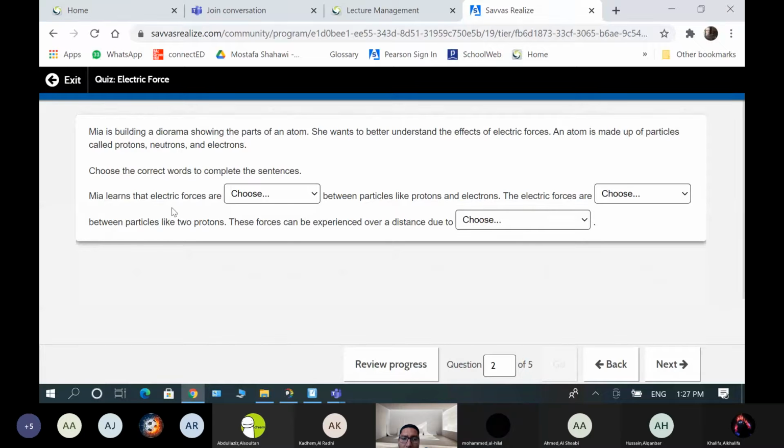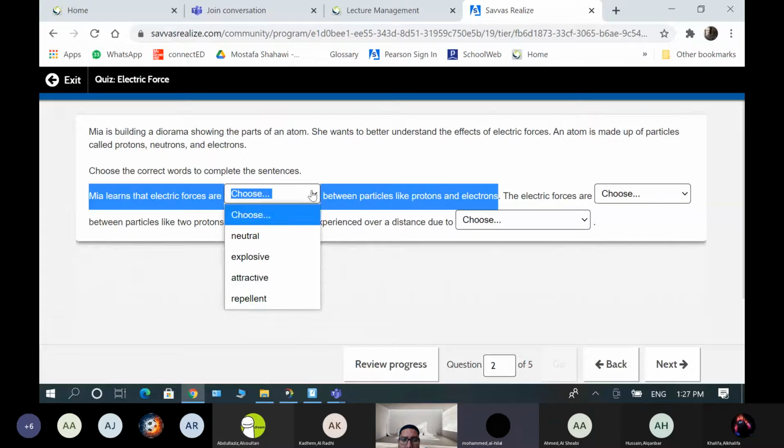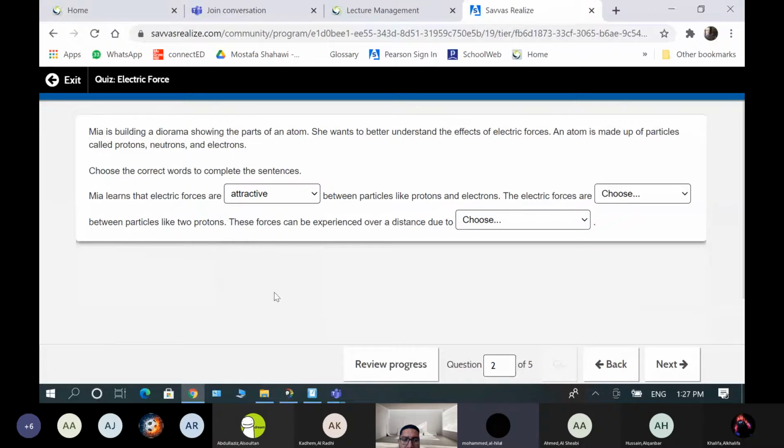Read the first one. You will solve only the first one. The electric force is between particles like protons and electrons. Attractive. Bravo, attractive. So this is the first one. Thank you, Muhammad.